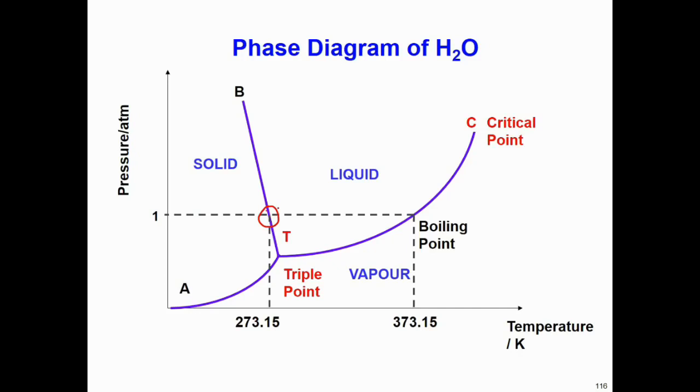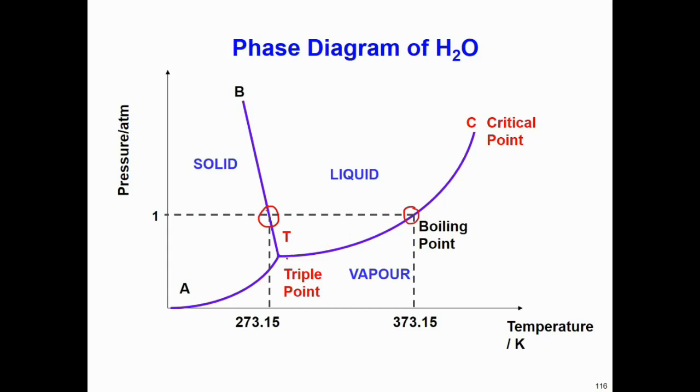So this is the point where ice starts to melt. Next, if we increase the temperature further towards the right, this is the point where H2O in the form of liquid will turn into H2O in the form of vapor. So this is called the boiling point of water at 1 atm.